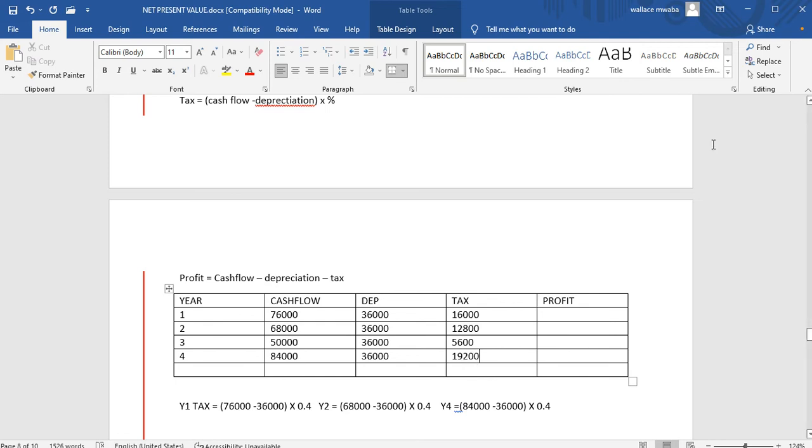We said 5 years. Year 5, we expect 100,000. Depreciation 36,000.